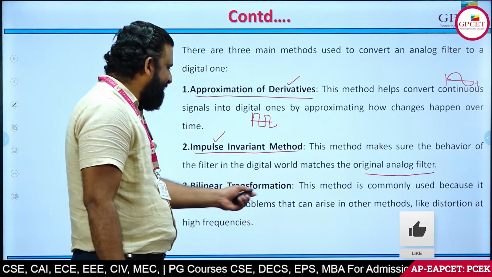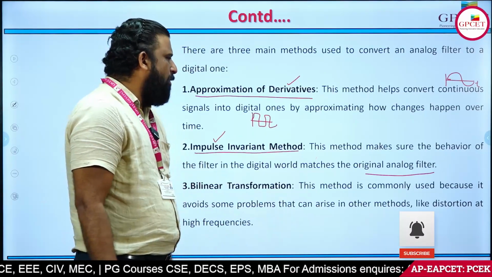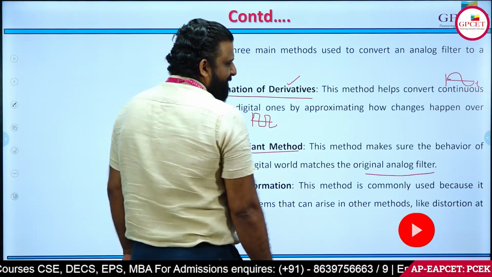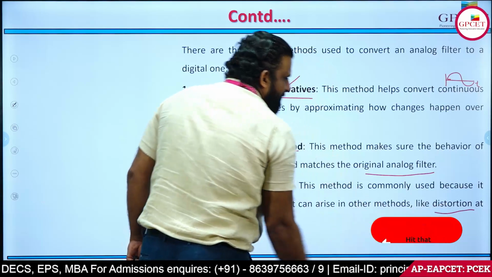Now the third one, bilinear transformation. This method is commonly used because it avoids some problems that can arise in other methods, like distortion. This is the main method.